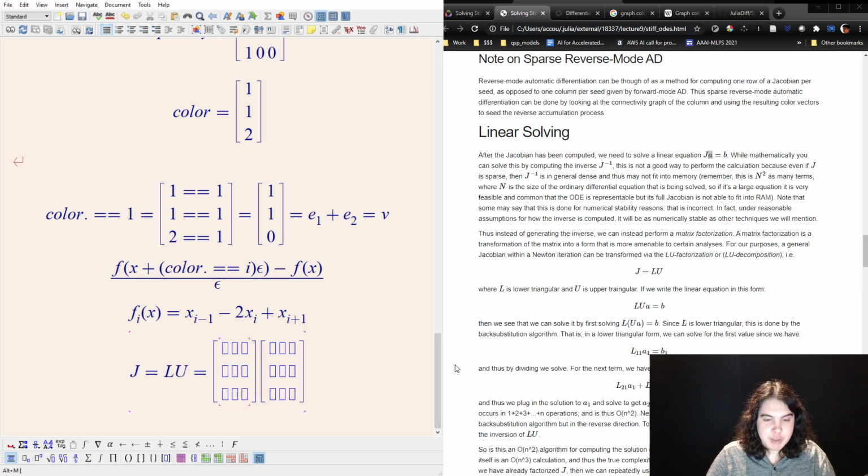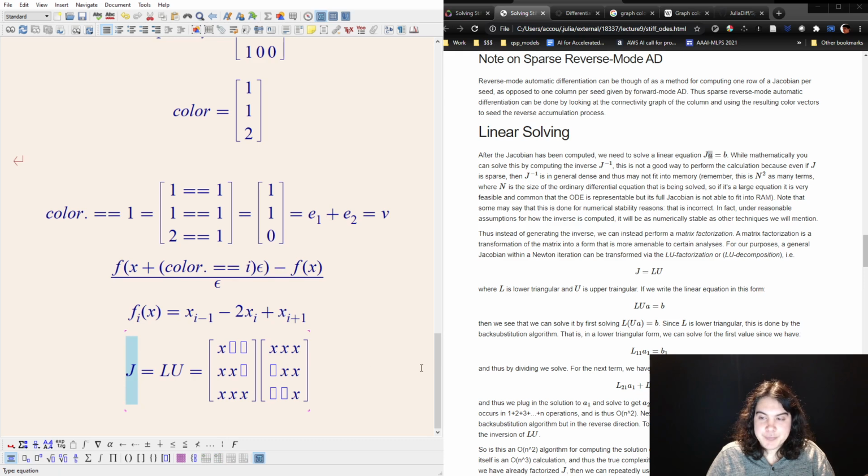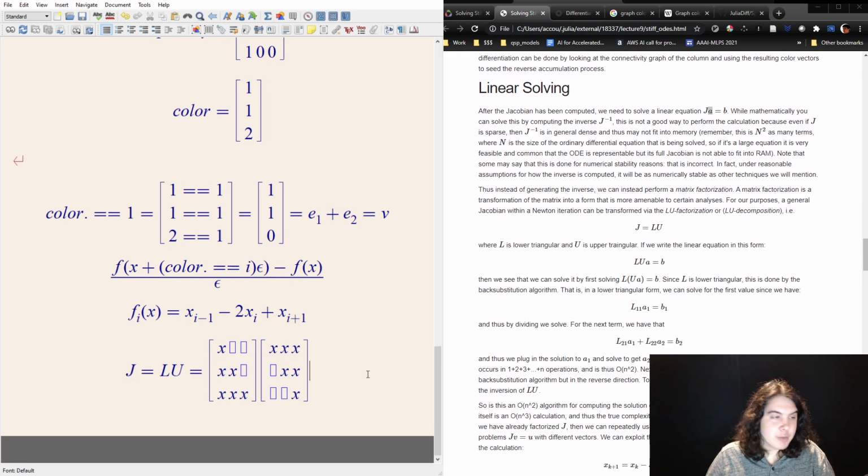I'm just putting x's for things that are non-zero. We want one matrix which is lower triangular, and another matrix which is upper triangular. And we want to find these two matrices such that when you multiply them out, you get the original matrix.